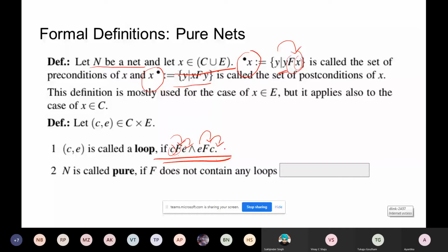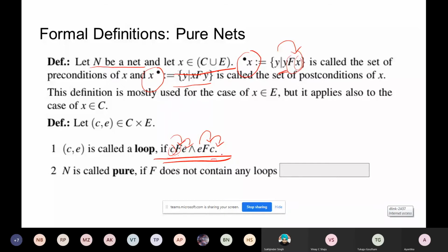If both hold true, that means for the same condition C, some event E will happen, and when E occurs, according to your flow relation, the post condition is the same as the precondition.